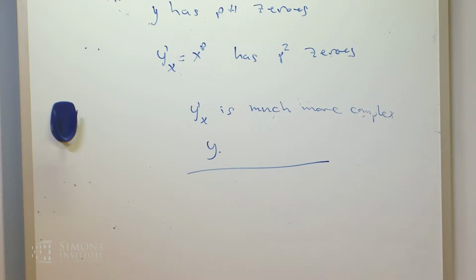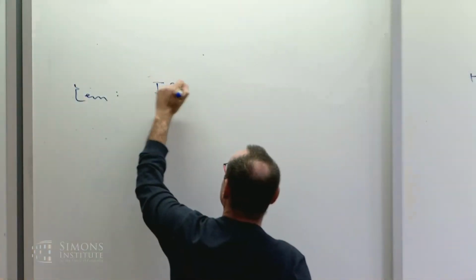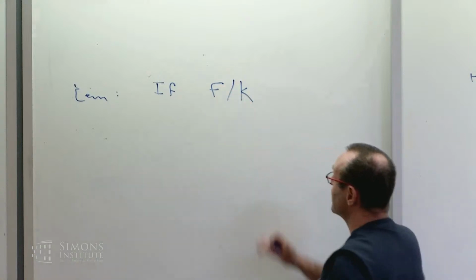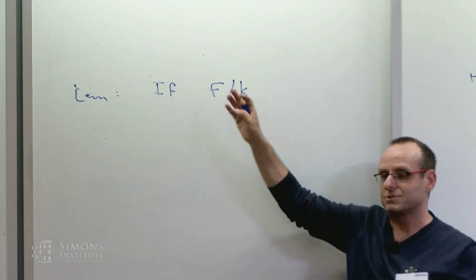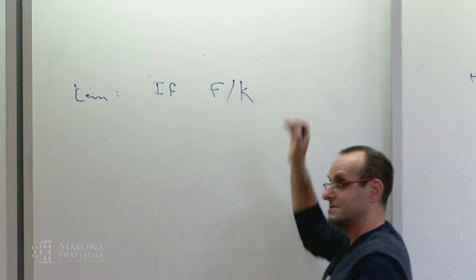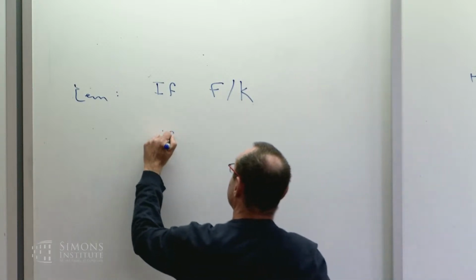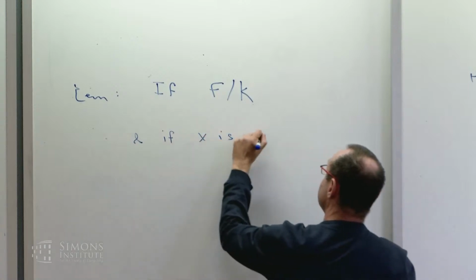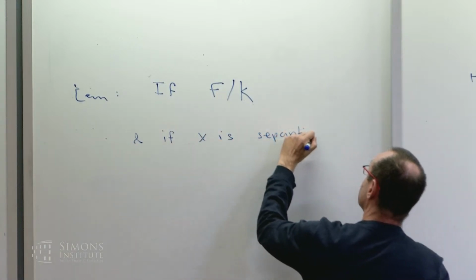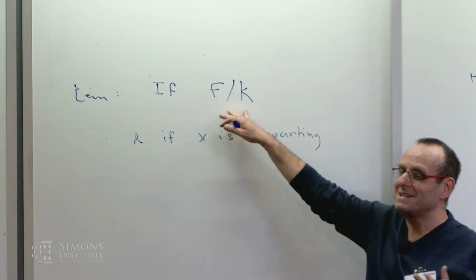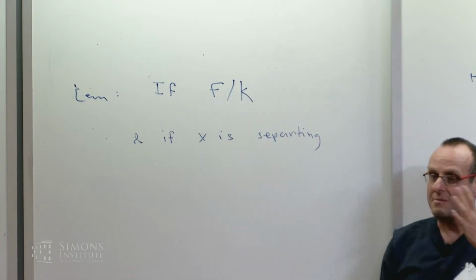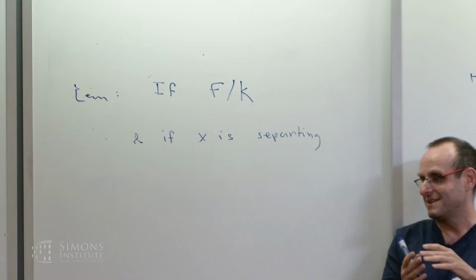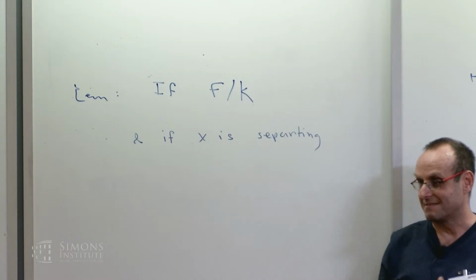So the lemma says that if F over k is a function field, like, for example, the Hermitian function field, this is F_q, and this is F(x,y), where trace of y is norm of x. And if x is separating, this means it has transcendence degree 1, like in the polynomial ring, where we have one variable that is transcendent.